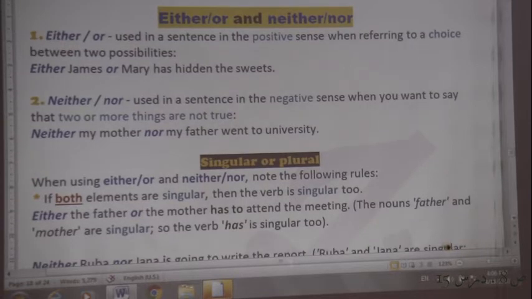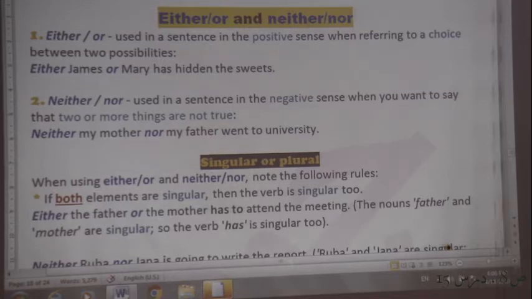Either or is used in a sentence in the positive sense when referring to a choice between two possibilities. When you want to refer to a choice between two possibilities, we can use either or.